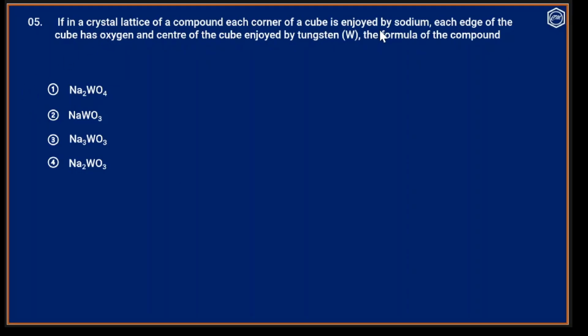So here the corner atoms are occupied by sodium. There are 8 corners and each corner atom is shared by 8 unit cells. So 8 into 1 by 8 is equal to 1. Each edge of the cube has oxygen. So 12 edges are there.